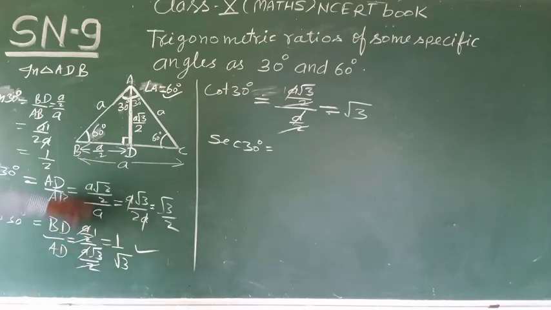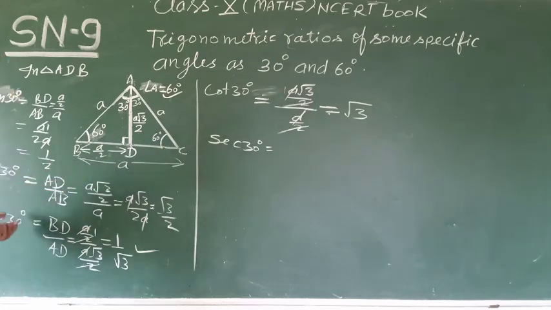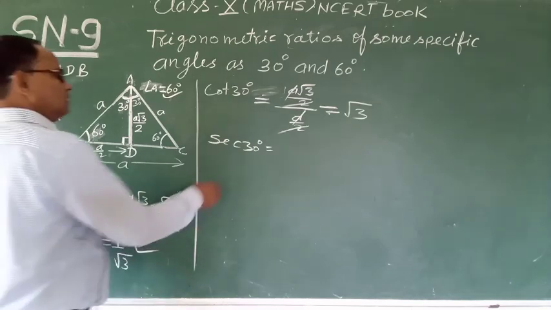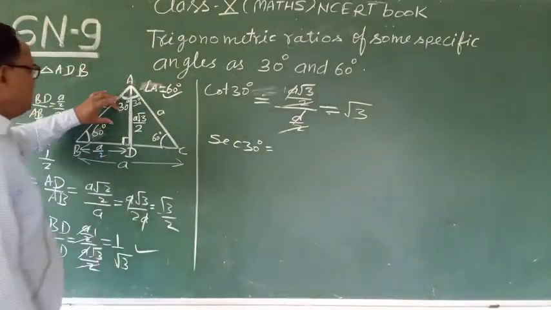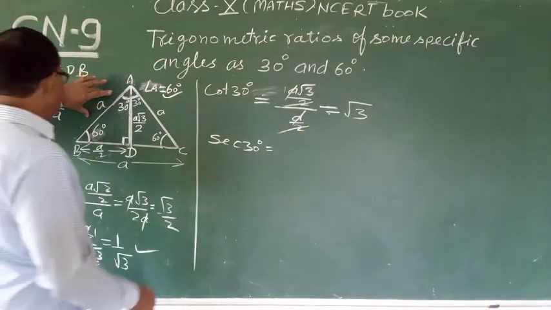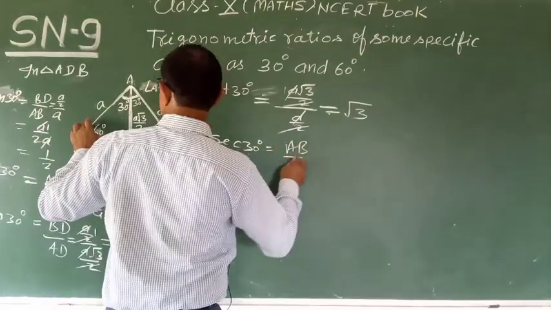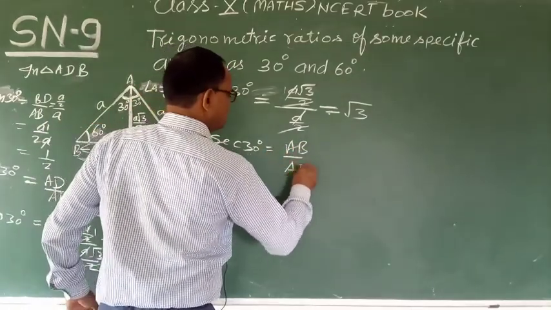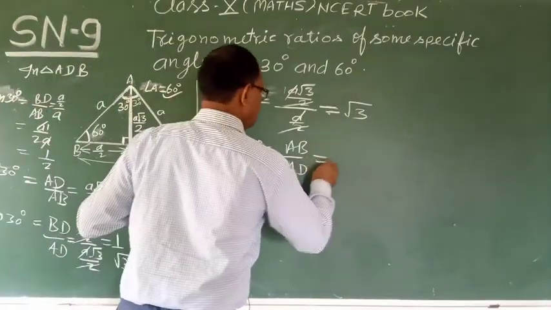And after this sec 30 degree. Sec 30 degree means it is the opposite of cos theta, cos 30 degree. Here we get hypotenuse by base, AB by AD.